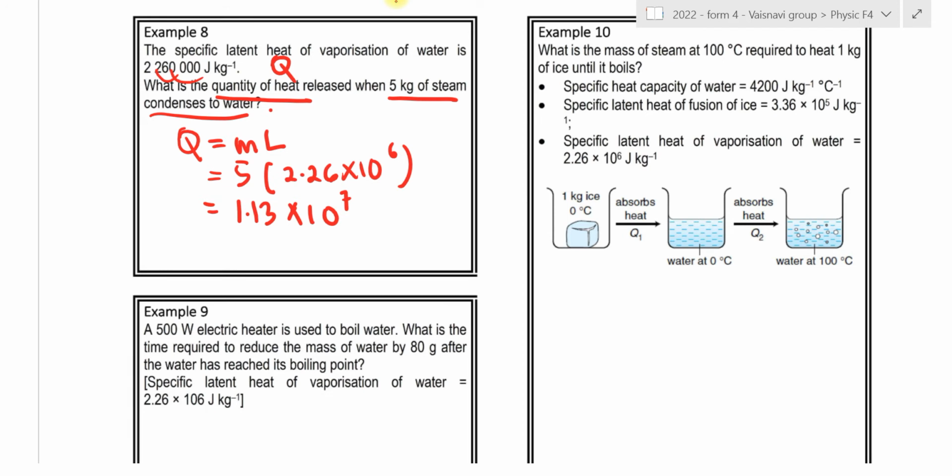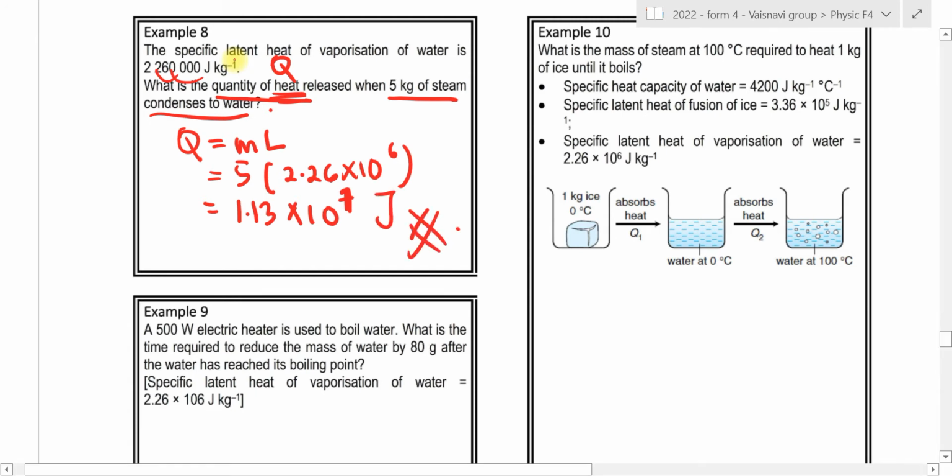Yeah, 7. Unit? What unit? Heat, heat is energy. Joule. Okay, good. Okay, example 9.